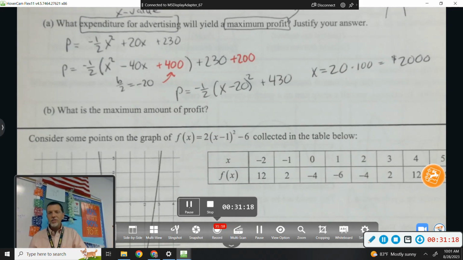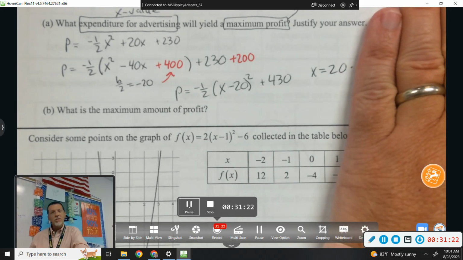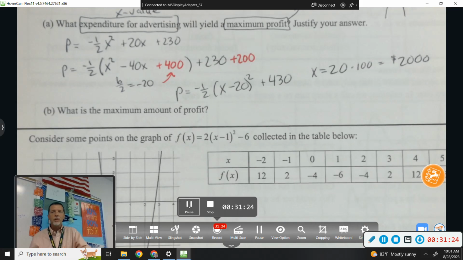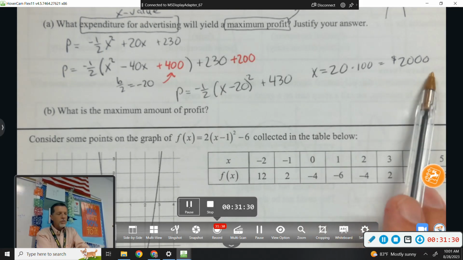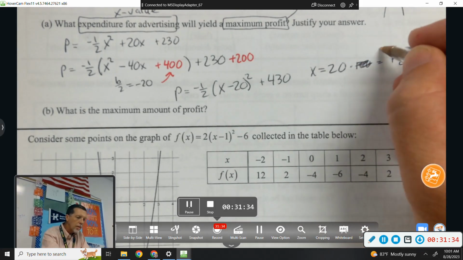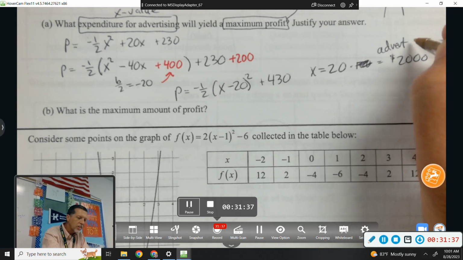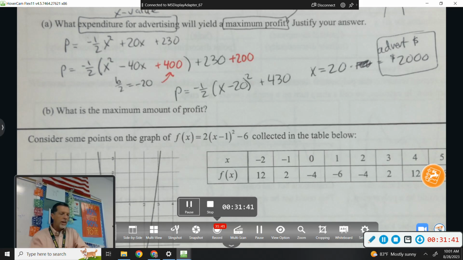If you just put x equals 20, I'm going to give you most of the points, but you're not getting all of the points because you didn't answer the question. That's a bad habit to get into, especially for calculus. X is 20. Advertising dollars is 2,000. I don't want to say x is 2,000 because x is 20, but that's not the answer to the question.